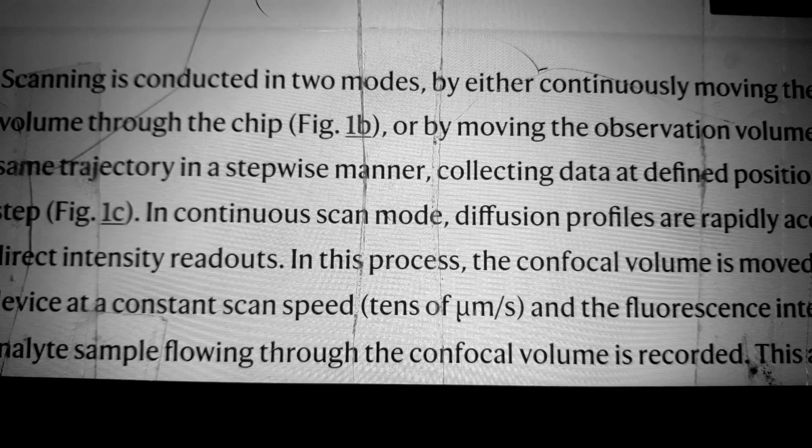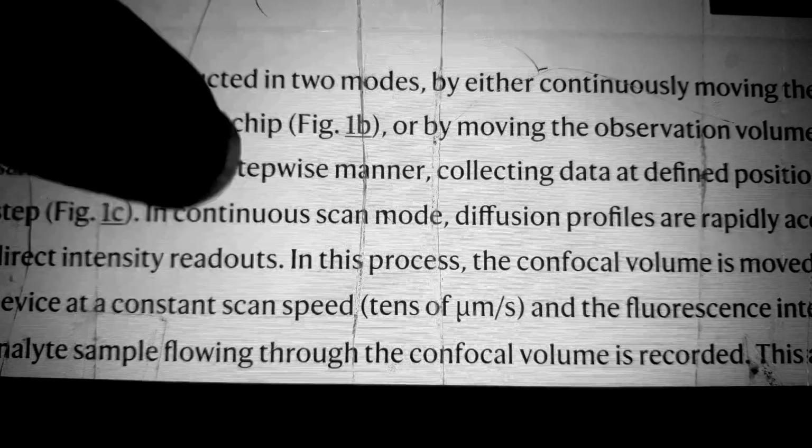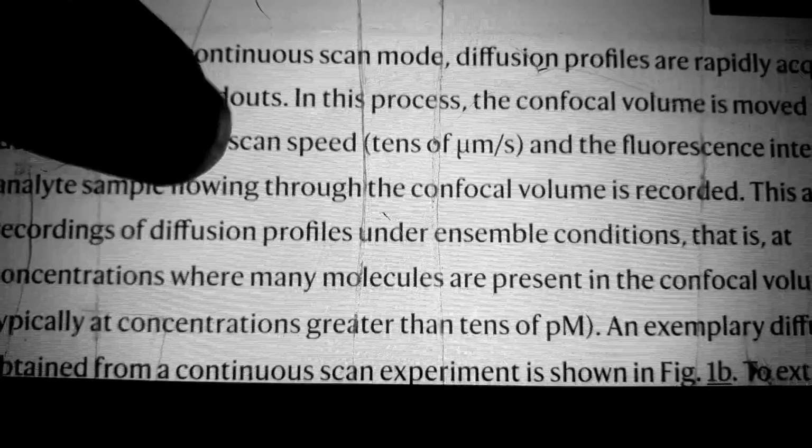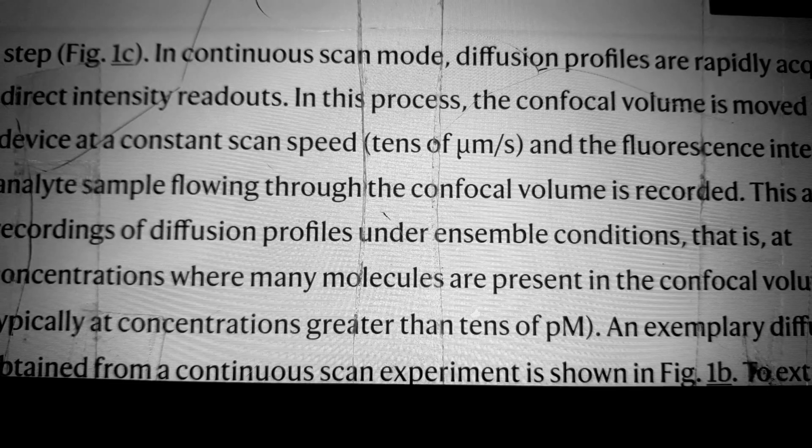Scanning is conducted in 2 modes, by either continuously moving the confocal volume through the chip or by moving the observation volume along the same trajectory in a stepwise manner, collecting data at defined positions with each step. In continuous scan mode, diffusion profiles are rapidly acquired from direct intensity readouts.